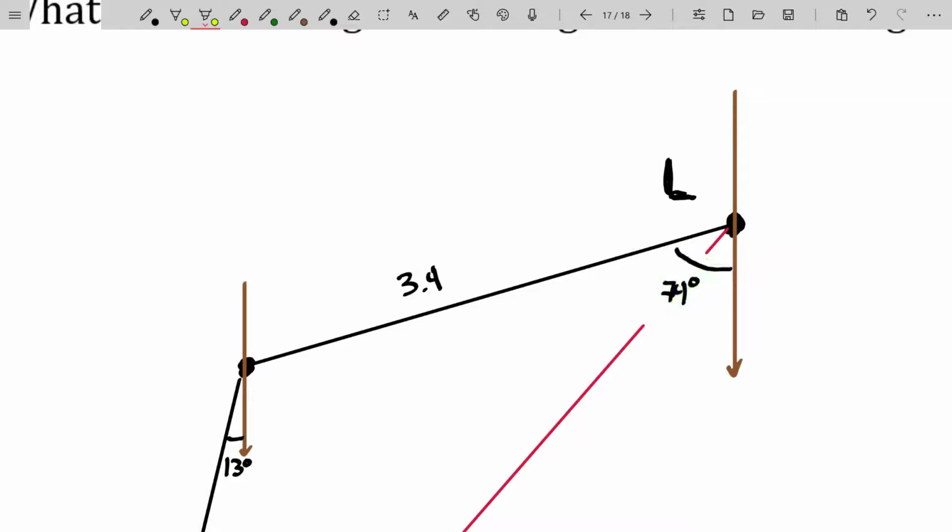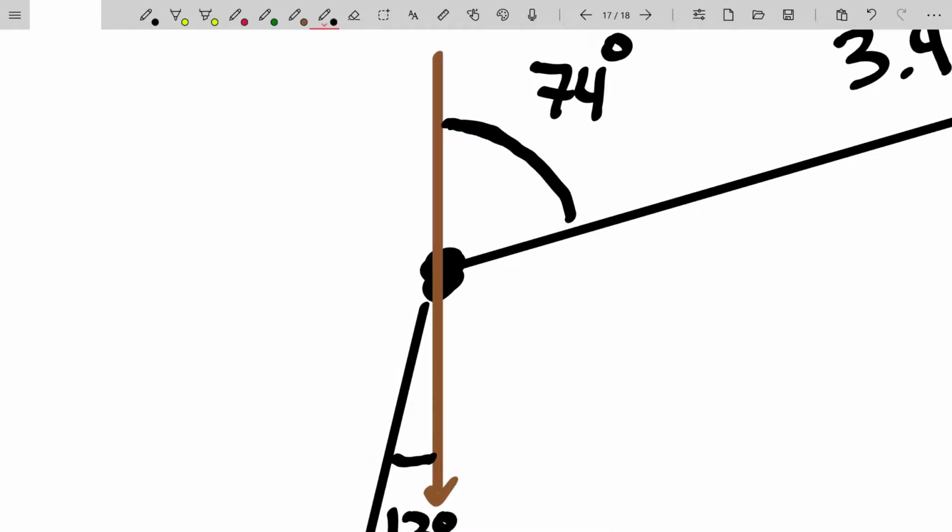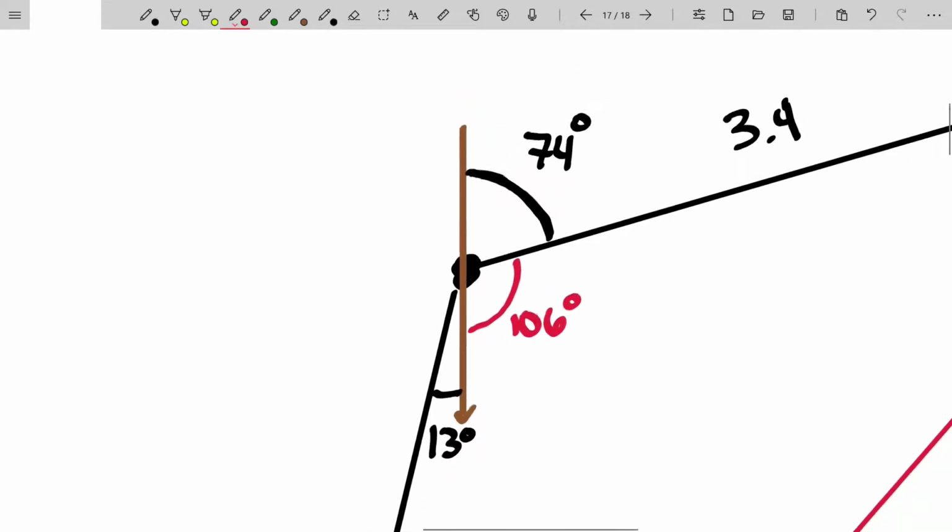The alternate interior angle idea is very important, because if that's 74 degrees from here to here, then this remaining angle is the supplement of 74 degrees. So 180 minus 74 would be 106 degrees. That's what that little angle there is.